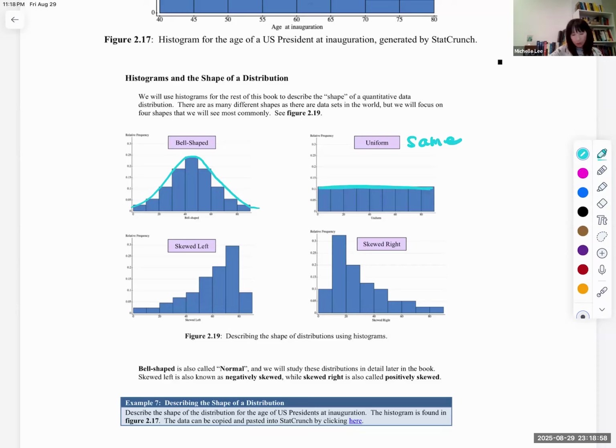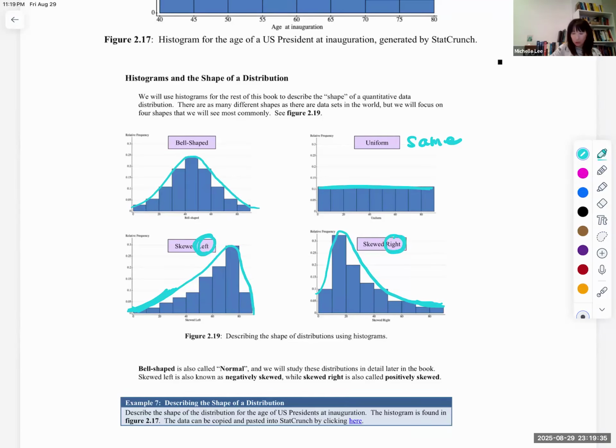Now we have skewed left. If we draw this way, the left side is longer, right? So just remember left. Skewed left. How about this one, skewed right? If we draw this shape, then there is more on the right side, right? So we can remember it's just right.